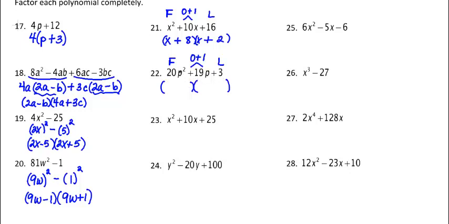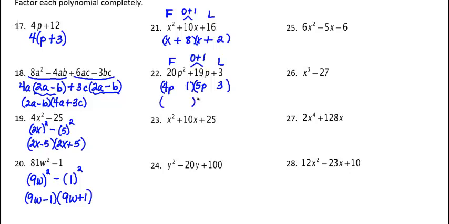So let's try the 4 and 5. And we'll put a 3 and 1. Here I'll put a 1 here and a 3 here. If I do that, I have to check, does the outer and inner give me the 19? So in this case, the outer is 12 plus 5. I don't get 19.